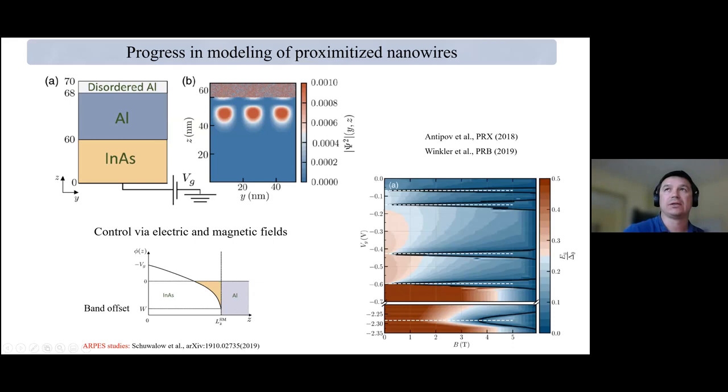So, in 2018 and 19, we managed to produce the phase diagram in terms of gate voltages and magnetic fields. And what is interesting is that the width and the position of these different bands depend on the gate voltage. And essentially gate voltage in this picture changes the position of this point.